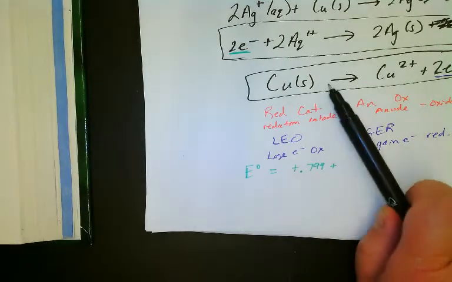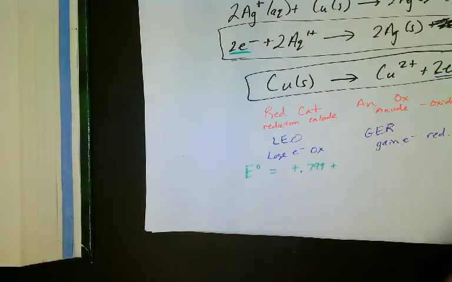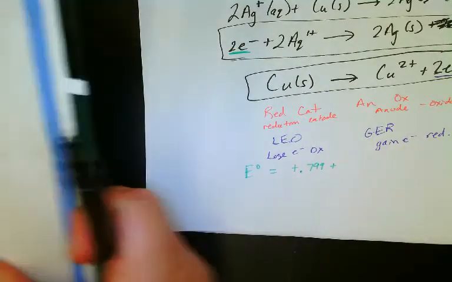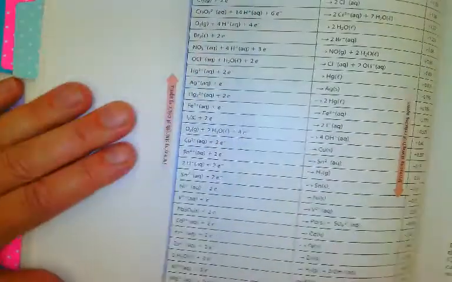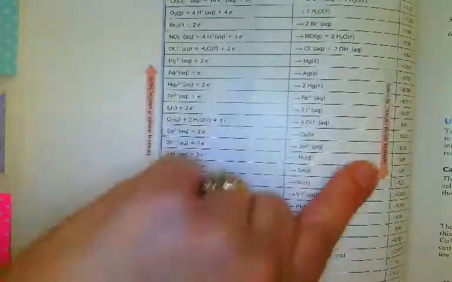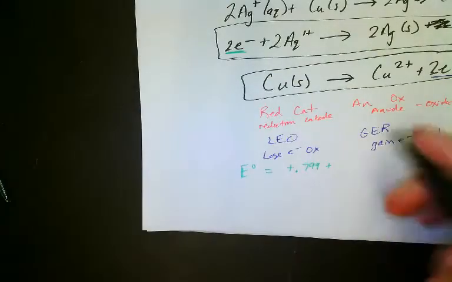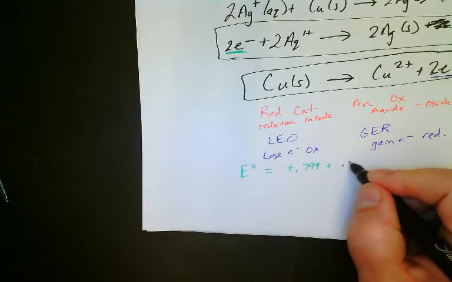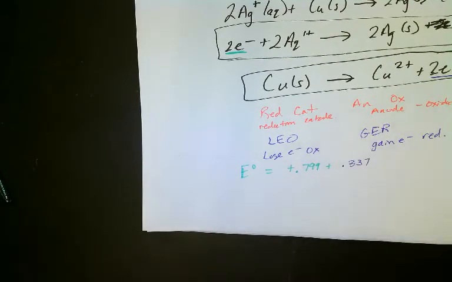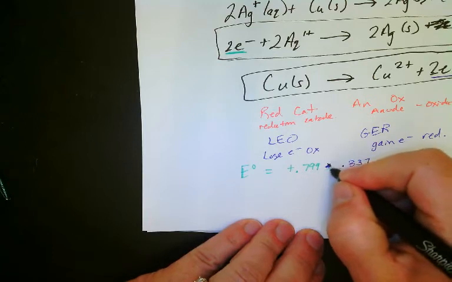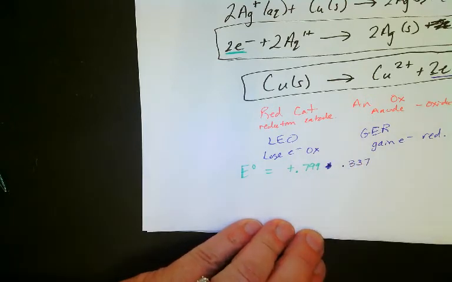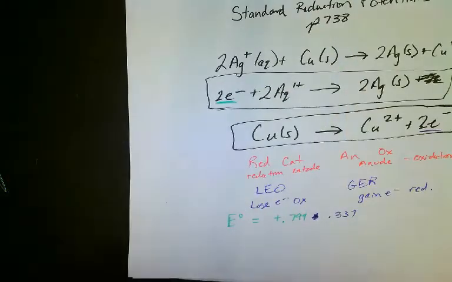Then I'm going to look up my oxidation. Now notice this is oxidation, so I'm going to look for the reduction one, but since it's being oxidized, I know that it's going to be down here. So copper is right here, and I write that number down. So it is 0.337. Oops, that's not a plus, that is a minus. Notice I forgot to put the minus there.